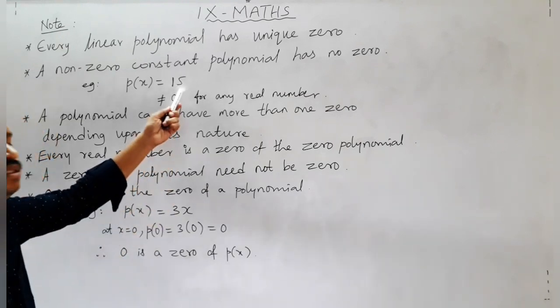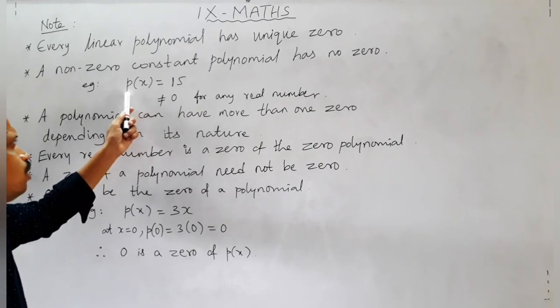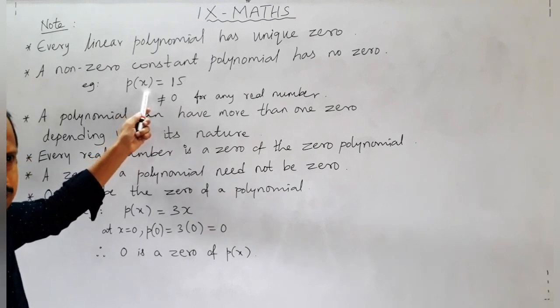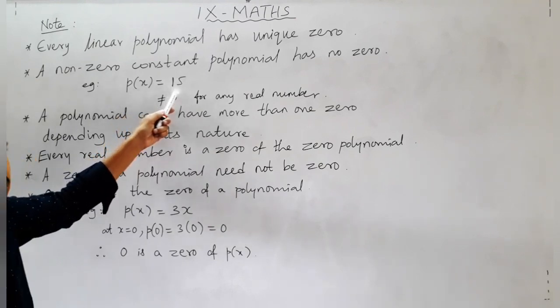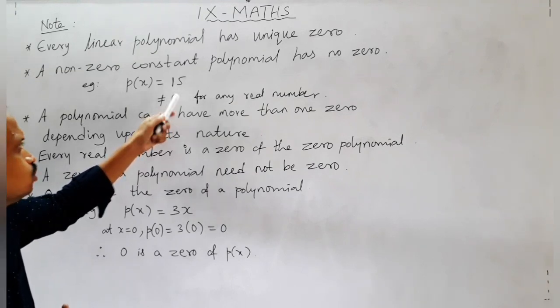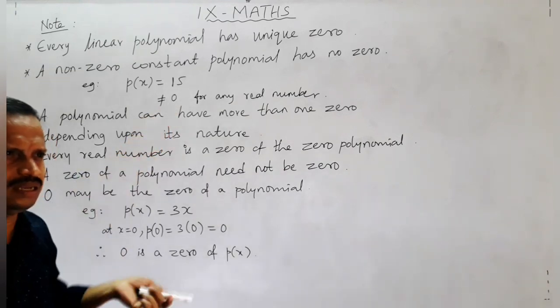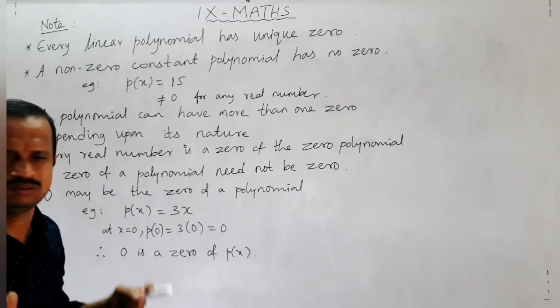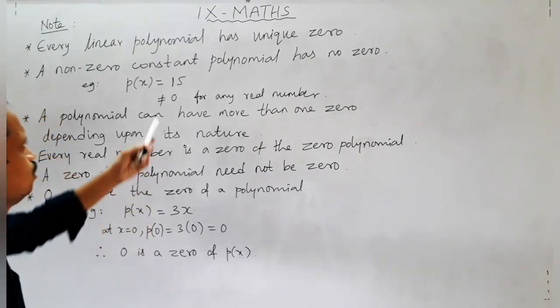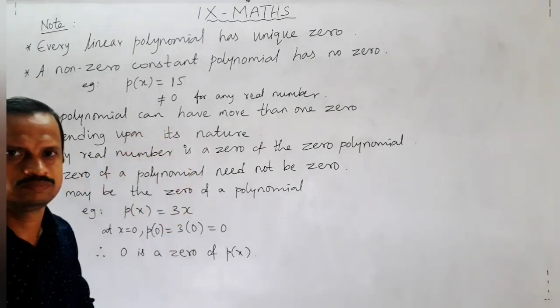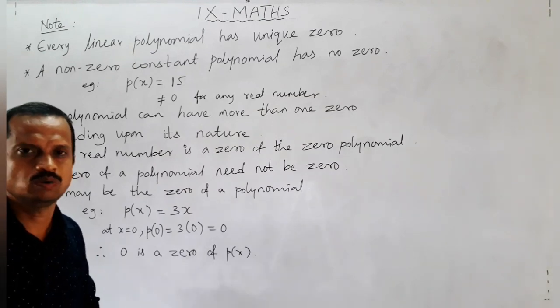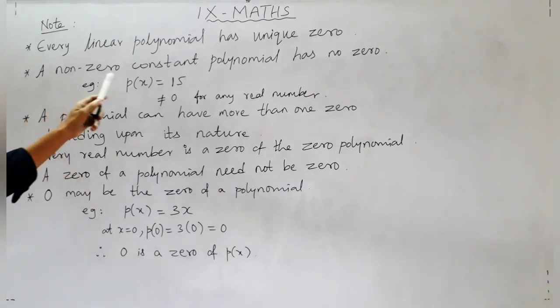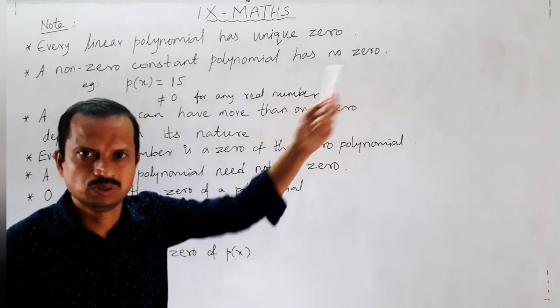Because no variable is there. p(x) means a polynomial in variable x, but here only the constant is there, and no variable x. So if you put any real number, p(x) never becomes 0. So it is not equal to 0 for any real number. Therefore it has no zero. So only a non-zero constant polynomial has no zero.